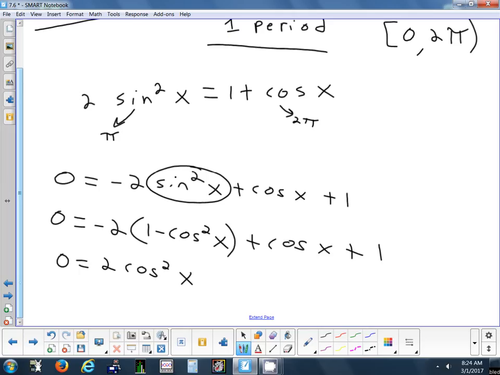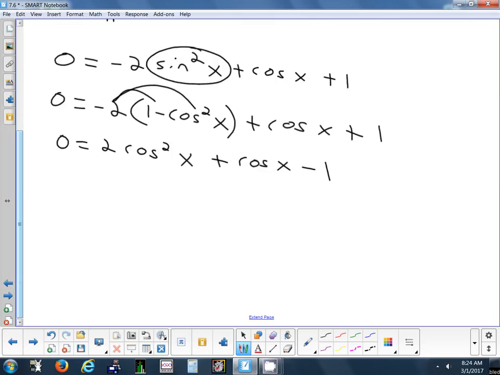I'm going to come back to the other distributive in a second. Plus cosine x, and what's my last number? Right, -2 plus 1 is -1. Now we've got a quadratic that we can solve.